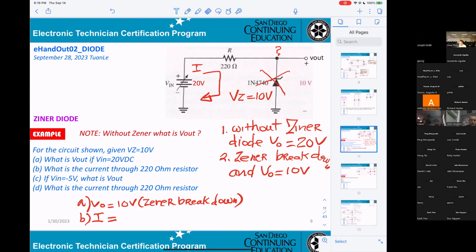I equals what? Just tell me the formula to calculate it. I equals V over R. V over R. However, what is V? V is 20 minus 10, divided by 220. Perfect.